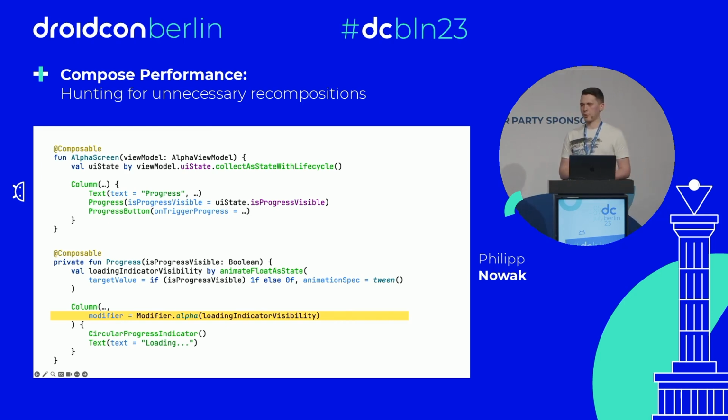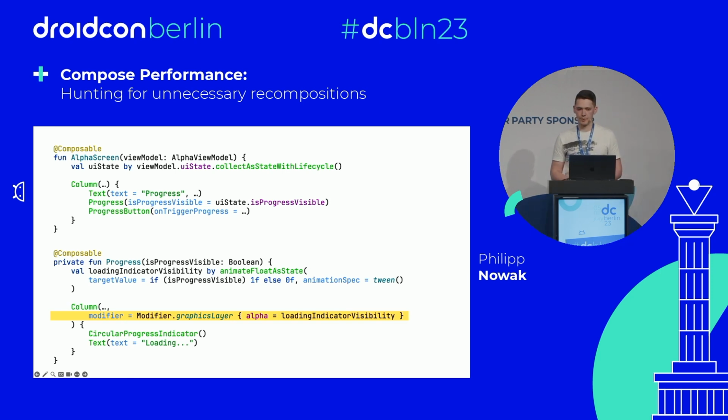That means that our modifier itself does not change anymore after first composition, and we get rid of all the recompositions. In case of the alpha modifier, which we try to use here, there is a graphicsLayer modifier in which you can change the alpha value, as you can see. Make sure to use the lambda-based variant of graphicsLayer, as there is also a non-lambda-based one, which wouldn't help here, of course.